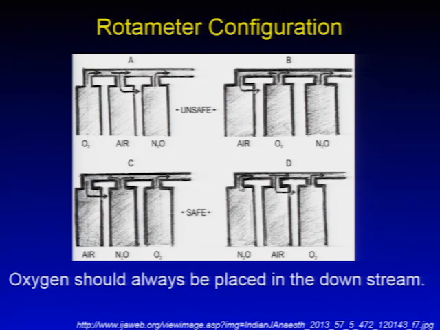In order to prevent that from happening, oxygen is always situated on the downstream of the fresh gas flow. That's the reason, even if the first and second rotameter tubes have any issue of leakage, the patient still receives the oxygen. In such a way, the patient is prevented from exposure to a hypoxic gas.